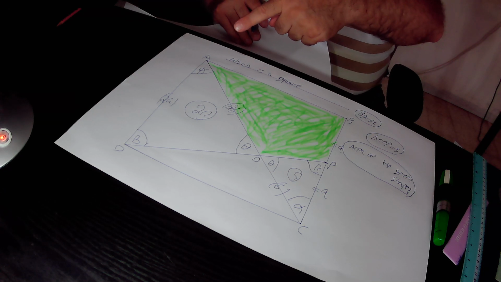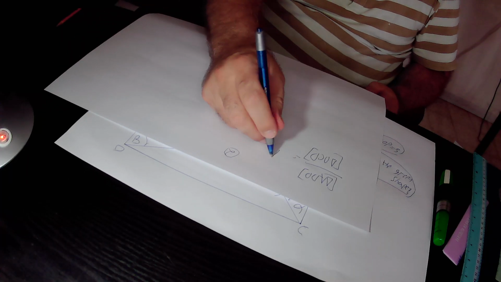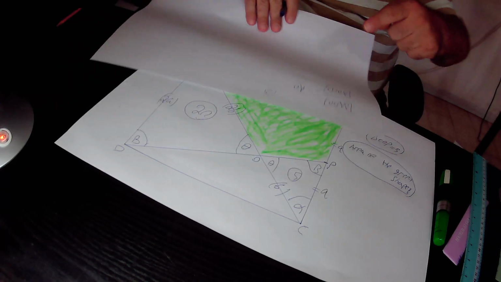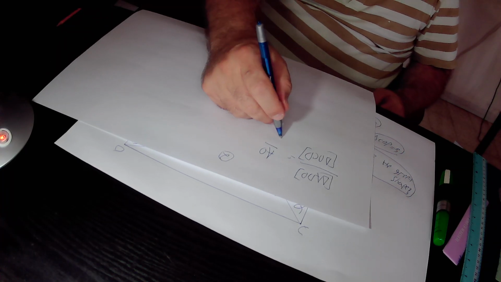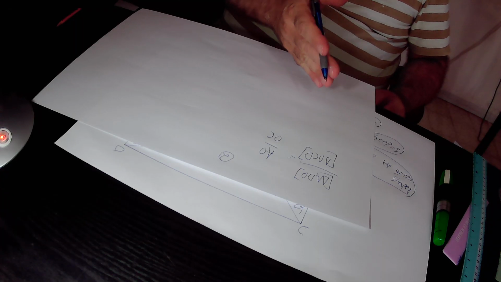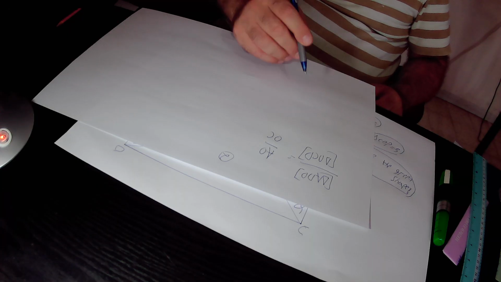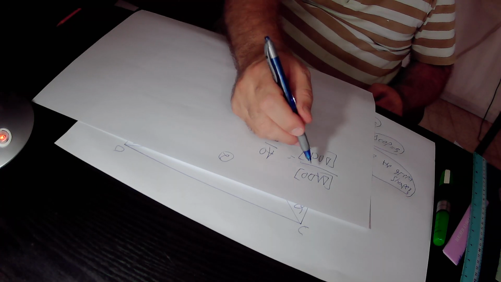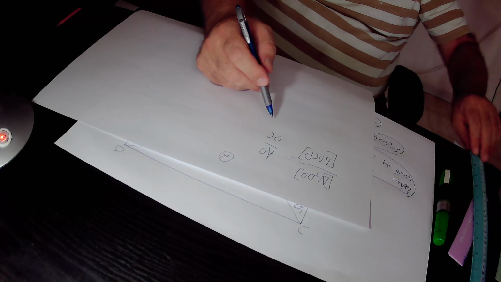The base of triangle AOD is AO, and the base of triangle OCD is OC. So this equation is the implementation of the new rule in our drawing. The area of triangle ADO over the area of triangle OCD is equal to AO over OC.